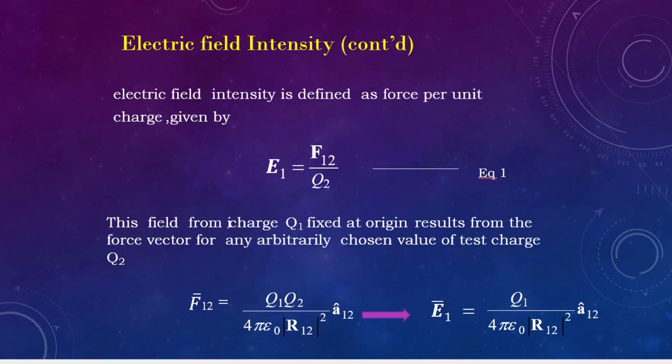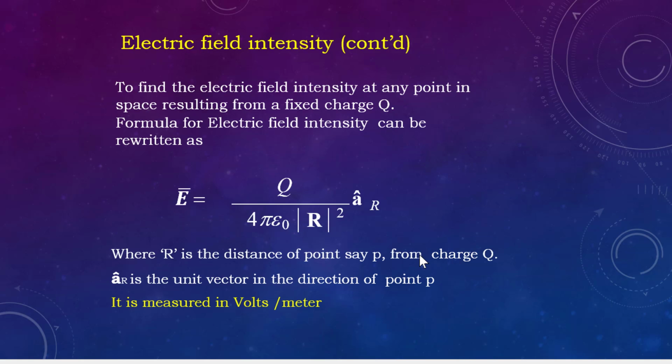Therefore, if I put the value of F12 in equation 1, then E1 becomes Q1 upon 4 pi epsilon naught R12 square into a cap R12. So, in general, the electric field intensity is given by E is equal to Q upon 4 pi epsilon naught R square into a R cap, where R is the distance between point P and charge Q, and a R cap is the unit vector in the direction of point P. Vector E bar, that is the electric field intensity, is measured in volts per meter.